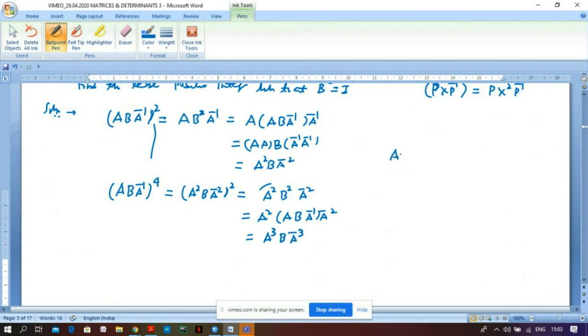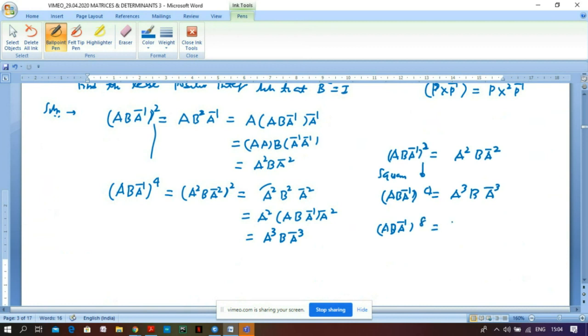So let's see how our entry is there. A B A inverse squared happens to be A squared, B, A minus 2. A B A inverse to the 4 happens to be A cube, B, A minus 3. If I go to 8, not 6, because from here to here I reached by squaring, so if I square it, I will get 8.